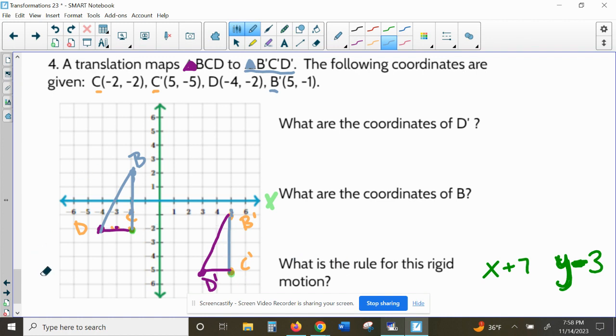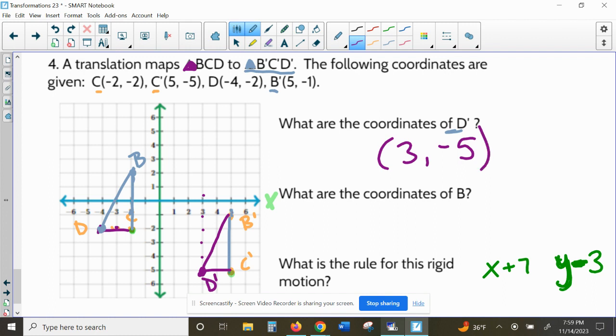Now we want to answer these questions. What are the coordinates of D? So where is this point D? Oh, D prime. It wants D prime. So that's this D over here. So this purple D down here is to the right 3 and down 1, 2, 3, 4, 5. So it is at 3, comma, negative 5.